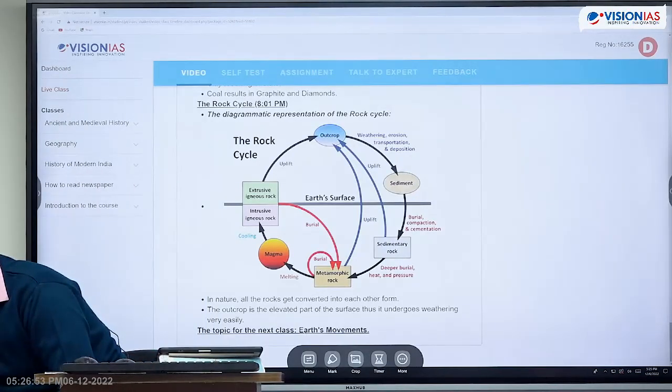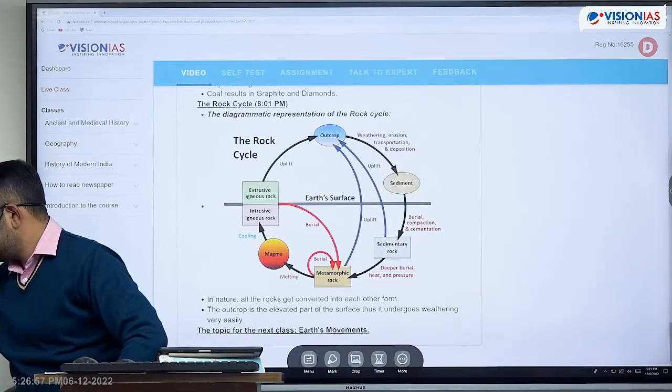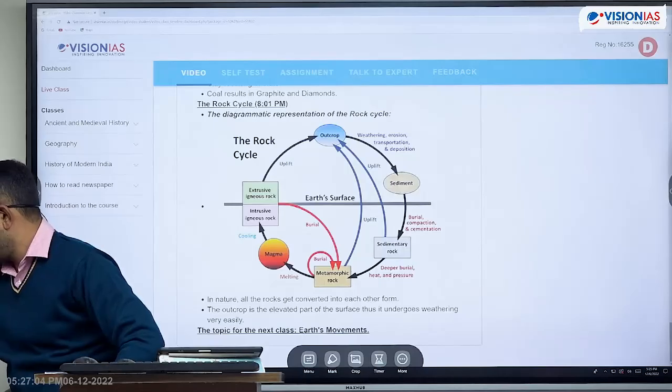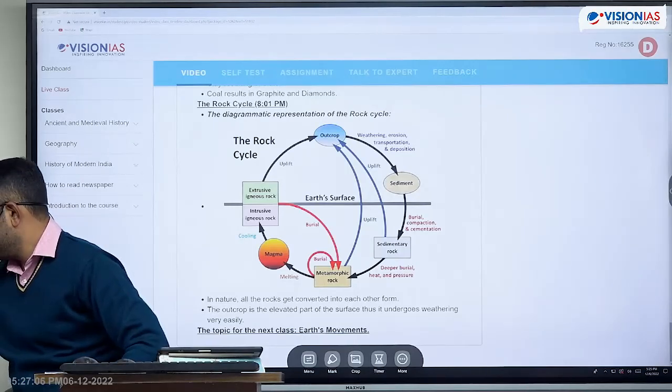So I guess rocks, the types of rocks, it's all clear. The color appears bright, it reflects more light.